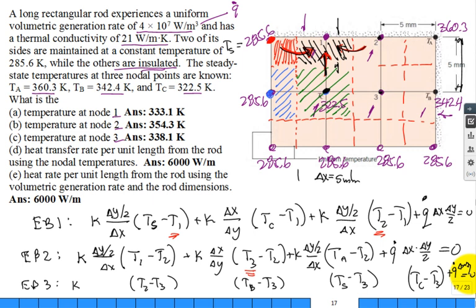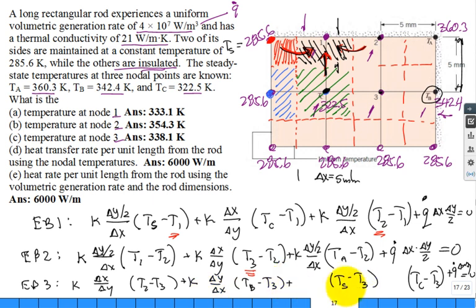All right, so we're going to have 4 conductions: north, south, east, west. T2 to T3: the area is going to be a delta x, the length is a delta y. From B, which is right here, into 3, the area is a delta y, the length a delta x.